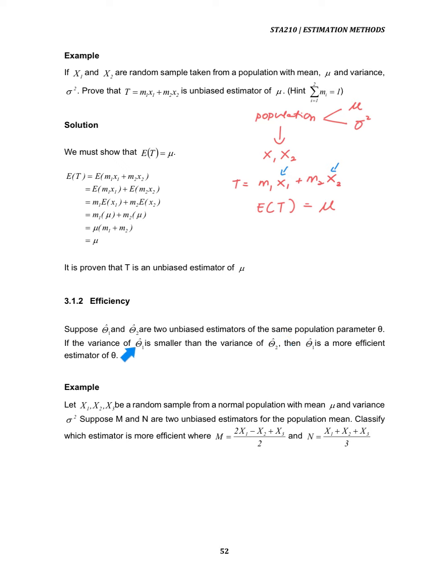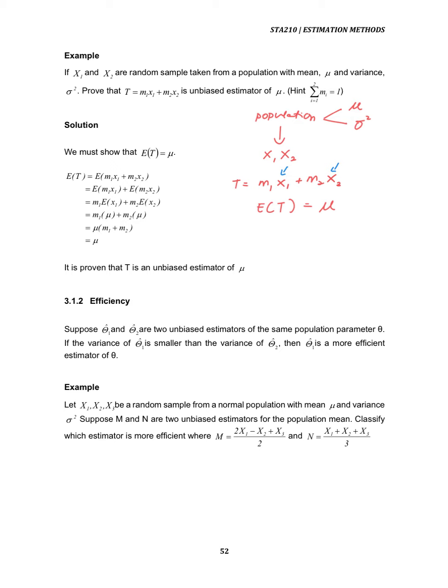If the variance of theta hat 1 is smaller than variance of theta hat 2, then theta hat 1 is more efficient estimator of theta. Okay, so ni biasa efficient ni kalau ada dua benda. So macam mana nak measure efficiency? Kita akan tengok in term of variance. Variance mana yang lagi kecil? Okay, kita akan kata dia more efficient.